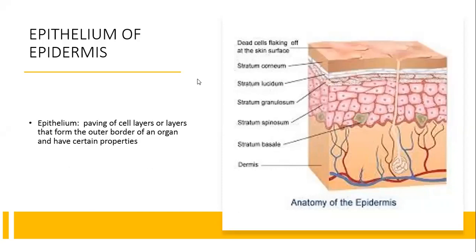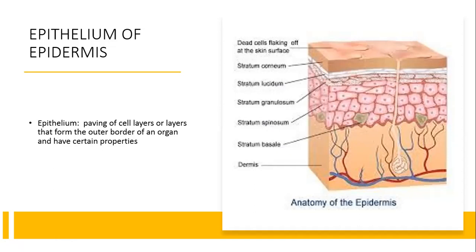Stratum means layer. So if we look at the first letter of each layer, it's C, L, G, S, B. So come, let's get sunburned. Corneum, lucidum, granulosum, spinosum, basale. Come, let's get sunburned.